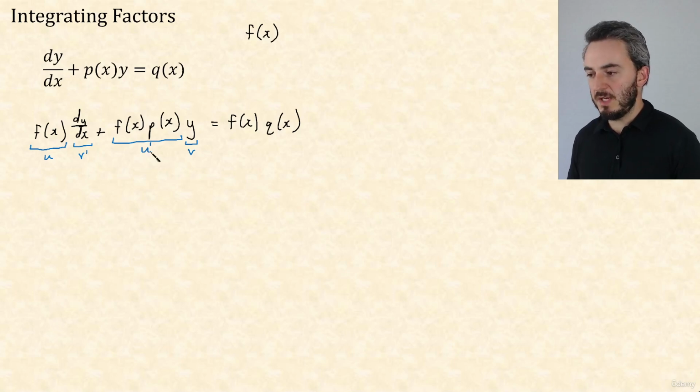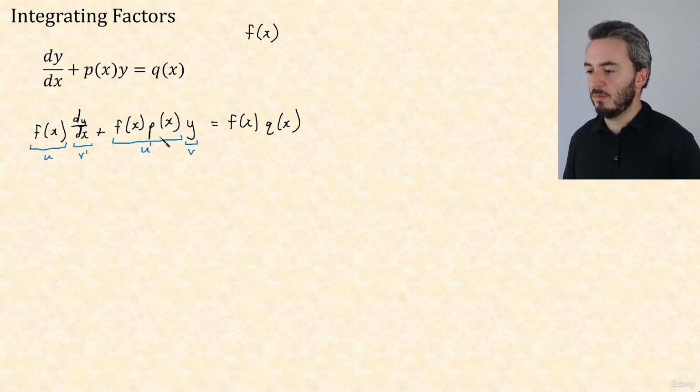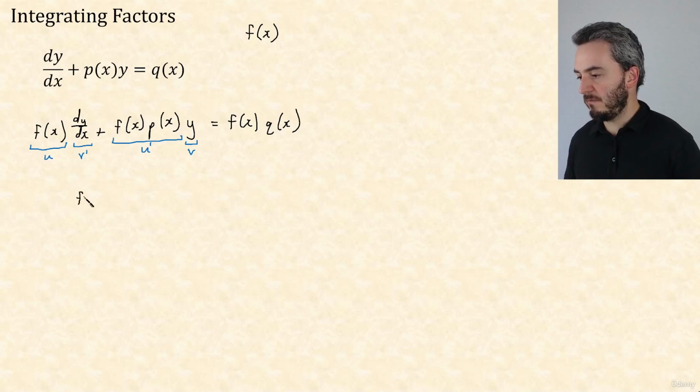So let's focus in on this u and this u dash. What I'm saying is that f of x, p of x should be what you get when you differentiate f of x. So the derivative of f of x, f dash of x, should be f of x, p of x.